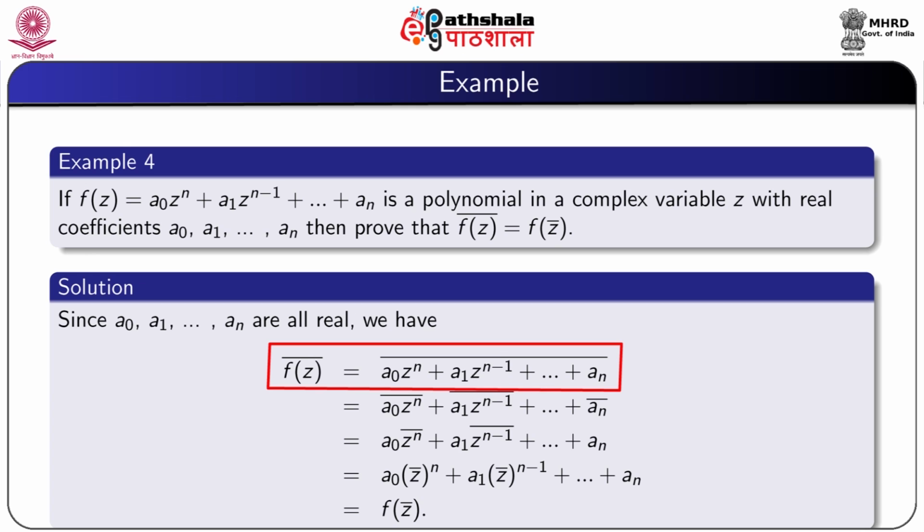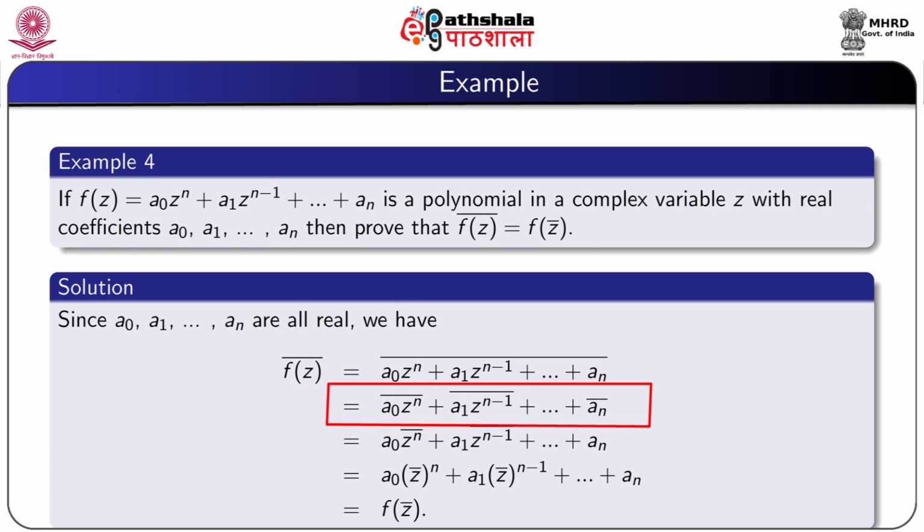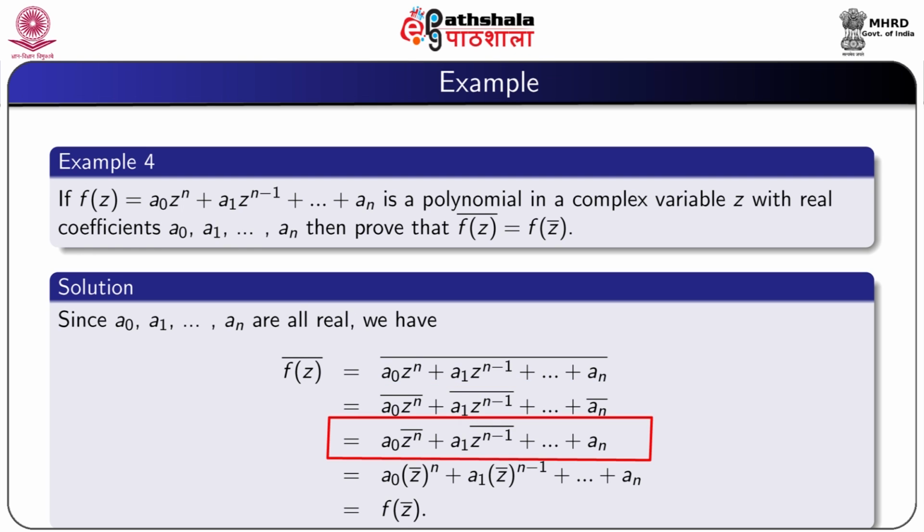Since a0, a1, up to an are all real, the conjugate of f(z) is equal to the conjugate of (a0 z^n plus a1 z^(n-1) plus an), which is equal to conjugate of a0 z^n plus conjugate of a1 z^(n-1) up to conjugate of an, and that is equal to a0 (z bar)^n plus a1 (z bar)^(n-1) plus up to an, because a0, a1, up to an are real numbers.